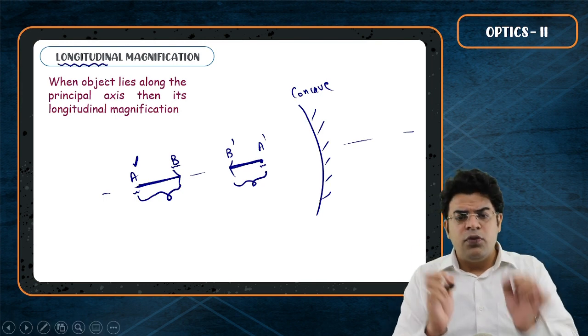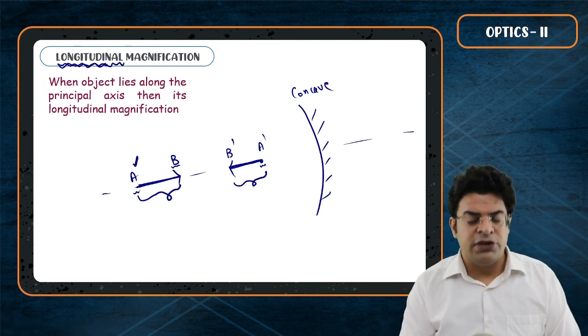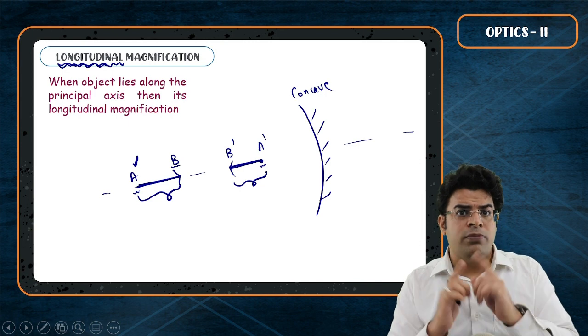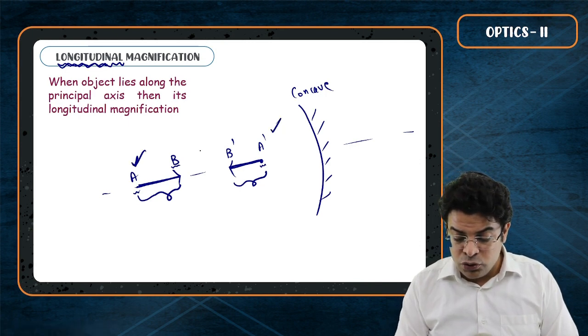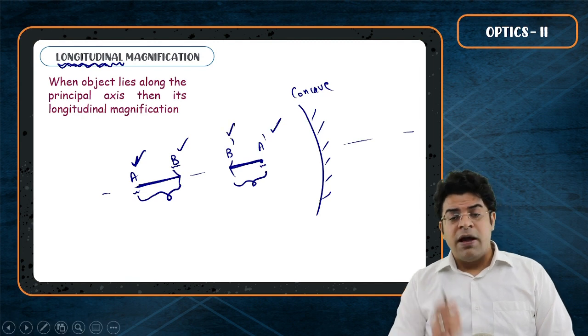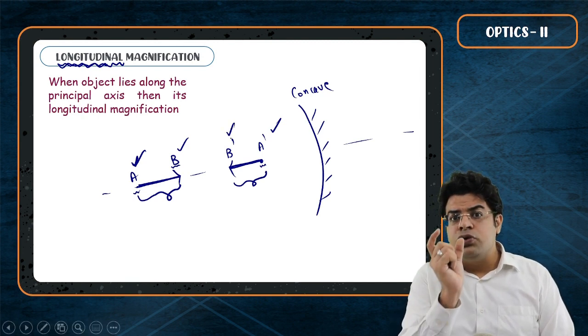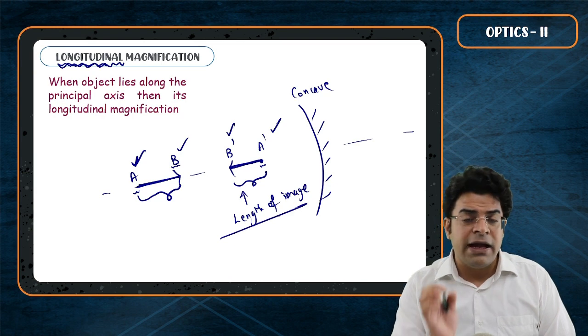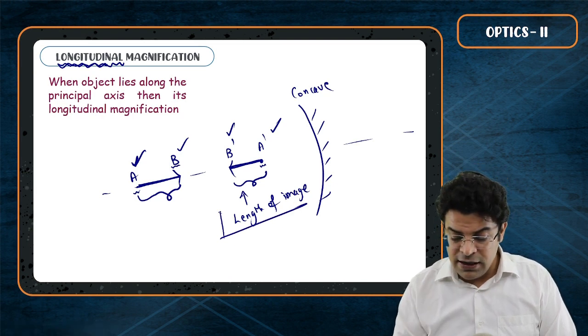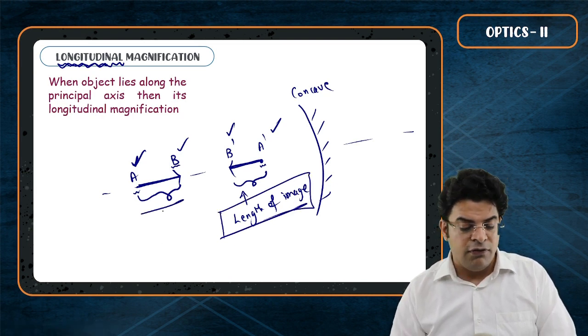So if you need to find the longitudinal magnification for an extended object, you have to find the image of its two extremes. By finding the image of its two extremes, you can find the length of the image, and then you will use the magnification formula, as the magnification is nothing but the length of the image upon the length of the object.